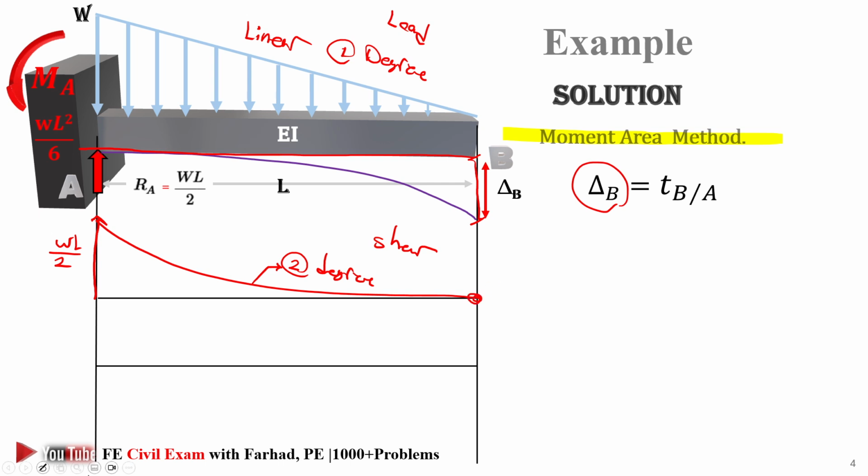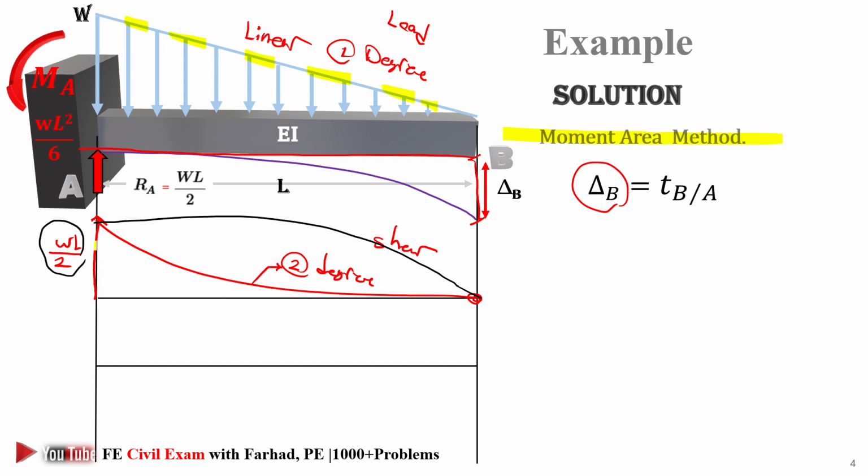One may argue why this is not the path of our shear diagram. Again, this is the start of the top one, also starting at WL over 2 and reaching 0 at B. For understanding that, we have to look at the decreasing pattern of load.